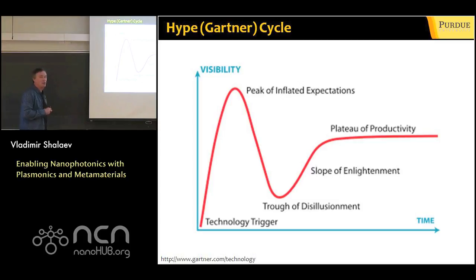It starts with some technology trigger, with some discovery, with some first demonstration. Then typically there is an exponential increase in terms of visibility. Publications, lay audience, journalists write all these papers, lots of visibility, exponential increase with time. So quite often for a new technology, you reach a certain peak of expectations, a peak of inflated expectations.